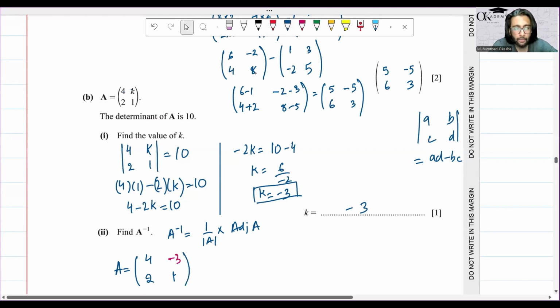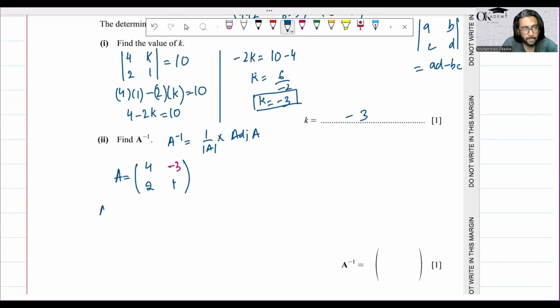Now, how do we calculate the adjoint? Adjoint is pretty simple. This is called the right diagonal. This is called the left diagonal. I just gave them names by myself. For this diagonal, you swap the values.